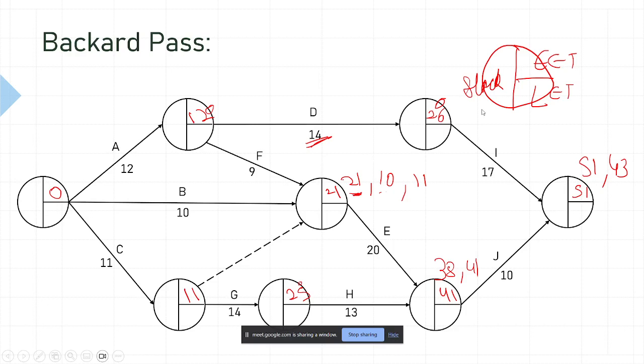Okay, backward pass is just the opposite of forward pass, right? So where do we start? From the end event, from the last head event. What should be the value here? 51.